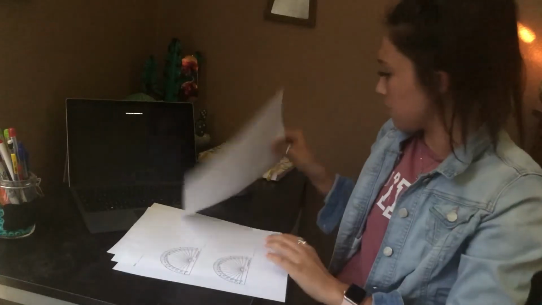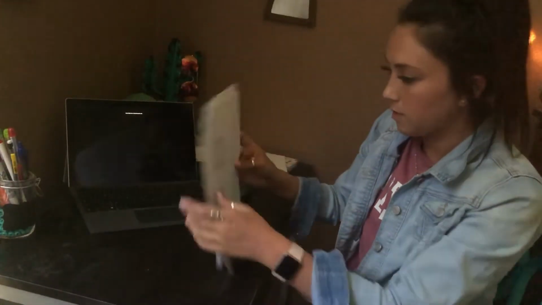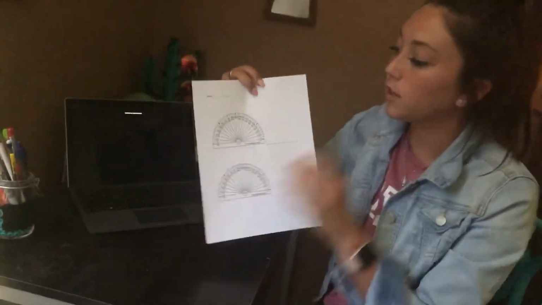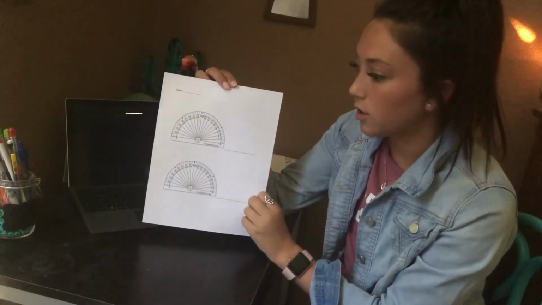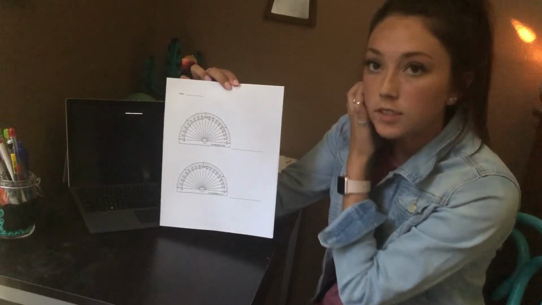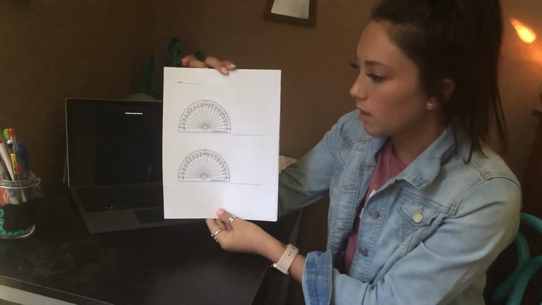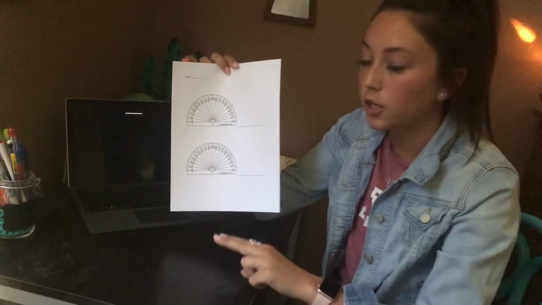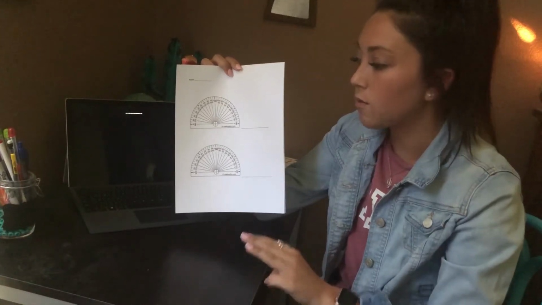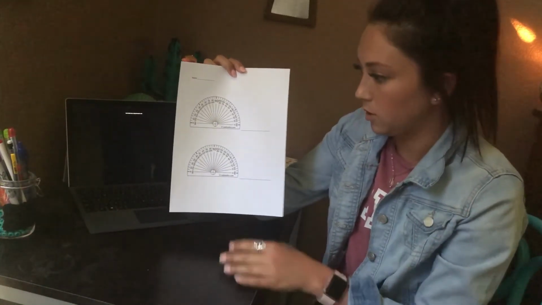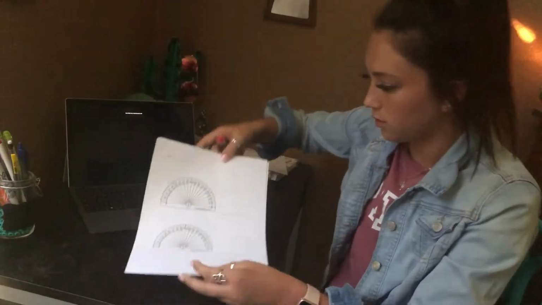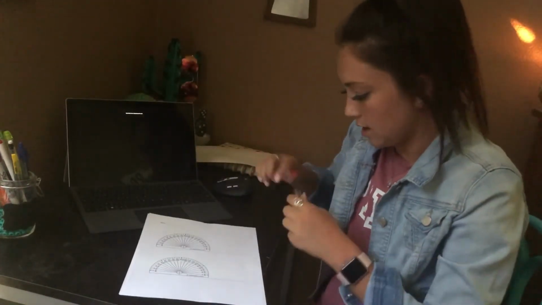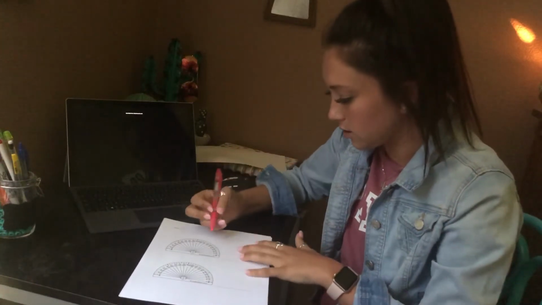And then the next one, we're still working individually, but here you're going to do this on your own, and everyone's is going to be different. I want you to make 2 acute angles, 1 right angle, and 2 obtuse. You'll just take your marker, and I'll do the first one with you too. I'm going to do 90 degrees, so that's a right angle.